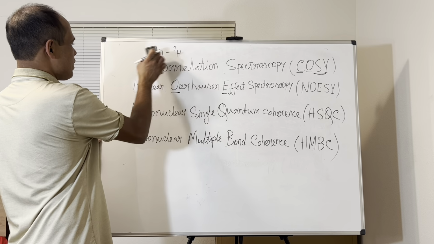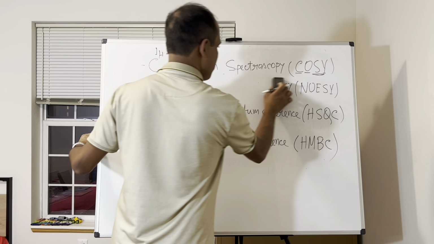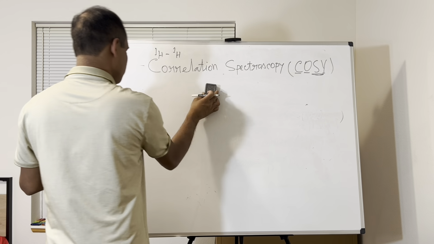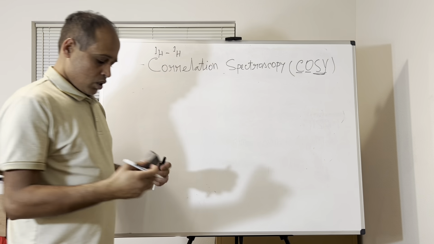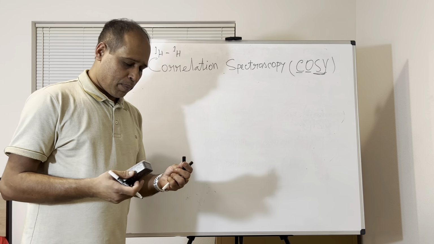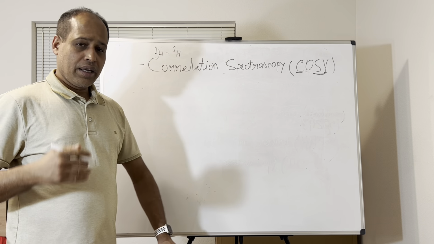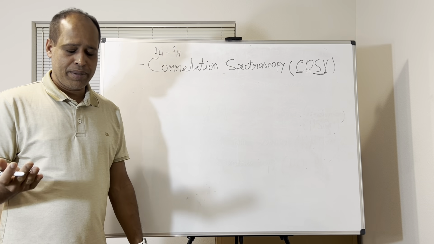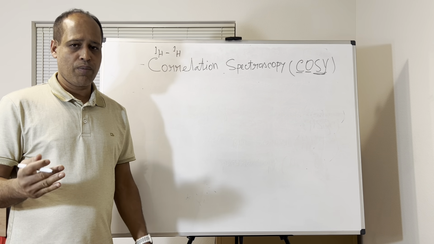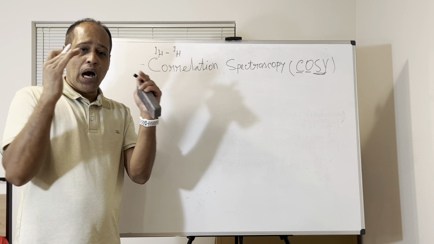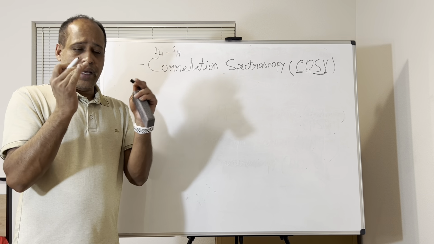Now let's start with correlation spectroscopy, or COSY. I already uploaded one video on COSY on my channel, so you can revisit that video if you want to know more, because there is a real structure and I try to explain how I correlate things.